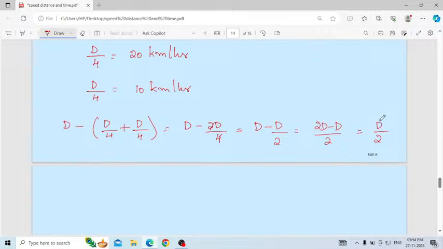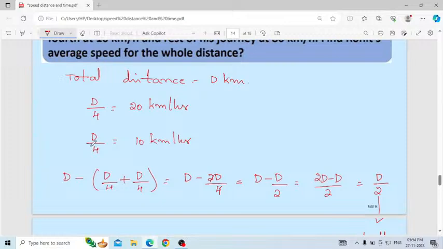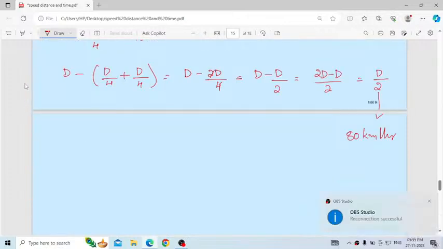Then this remaining D by 2 will travel at 80 km per hour. Otherwise no need to do all these steps. See, this is 1/4, 1/4, and D by 2 at 80 km per hour.